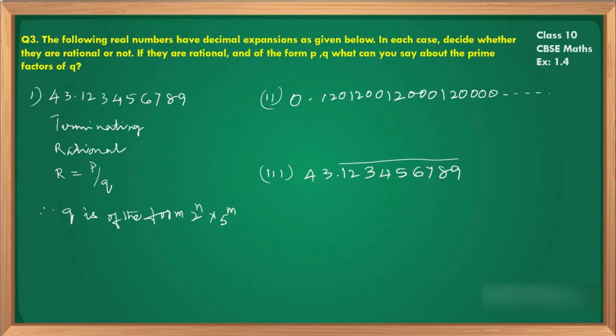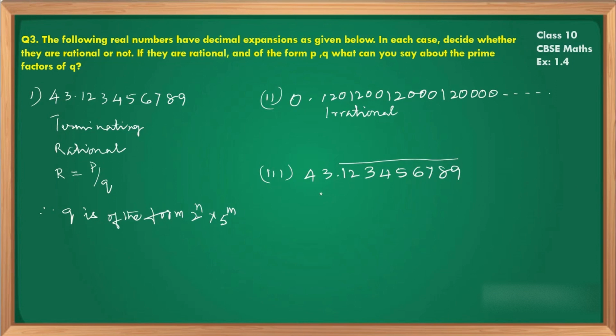So we have solved question number 1. Let us move on to question number 2. Question number 2 is not repeating, not terminating, therefore it is an irrational number. So we do not need to do anything further. Let us move on to question number 3. Question 3 is 43.123456789 with a bar. As you know, this bar indicates the whole set of numbers will repeat after 9 and it keeps repeating.